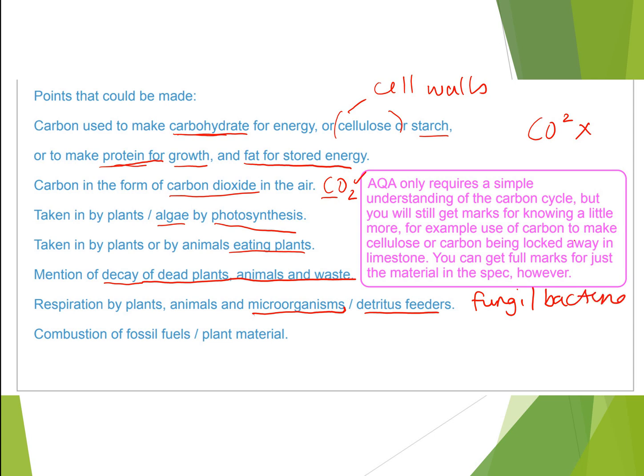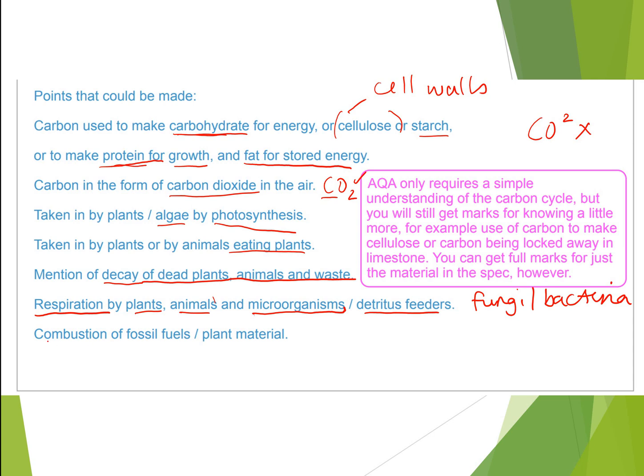And that these things, these microbes, carry out respiration. Respiration is also by the plants and the animals. So plants carry out respiration during the night, animals carry it out all the time.